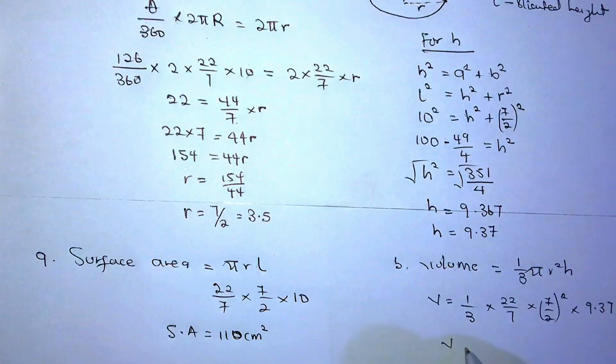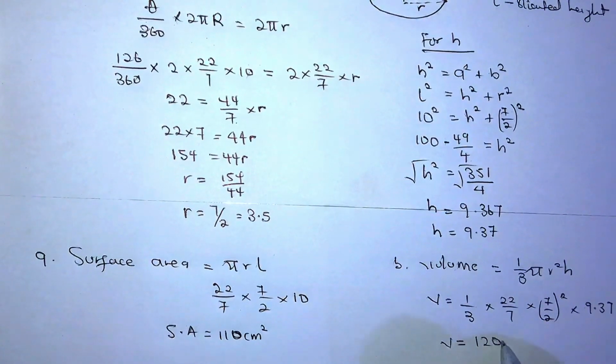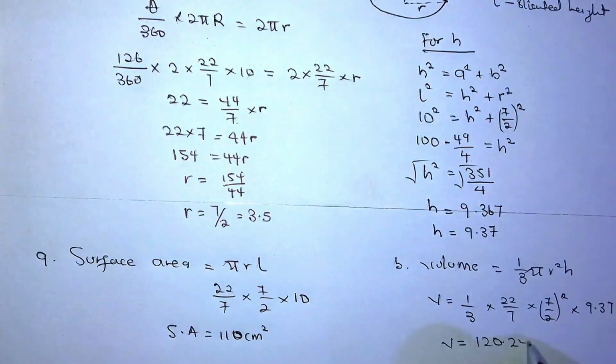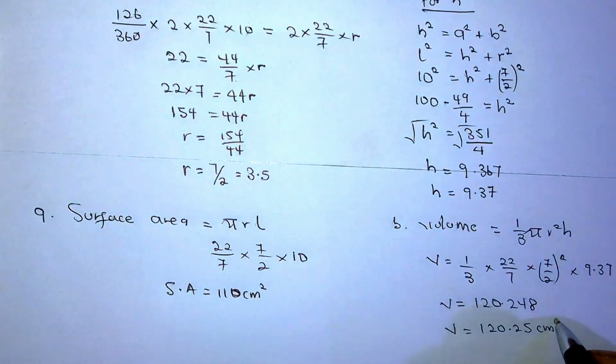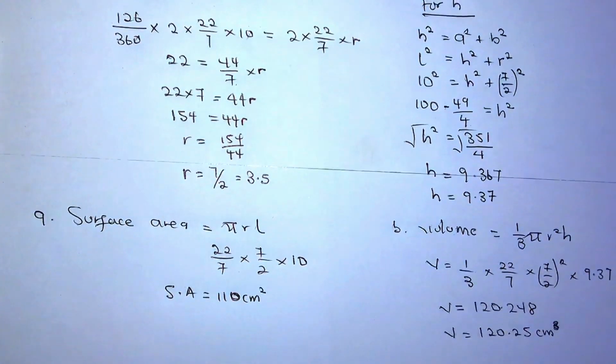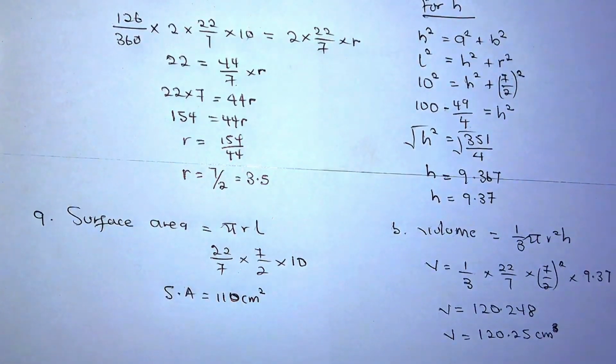So if you substitute everything, if you punch everything on the calculator, we are going to get V to be equal to 120.248. Conclude that volume is equal to 120.25 centimeters cube. And this answers the question 3.